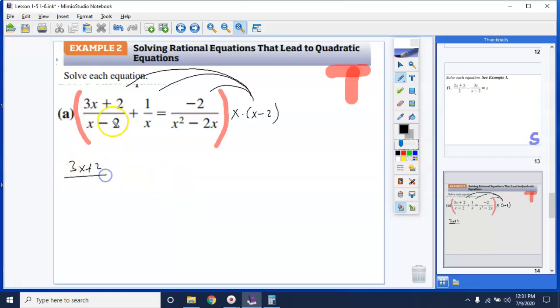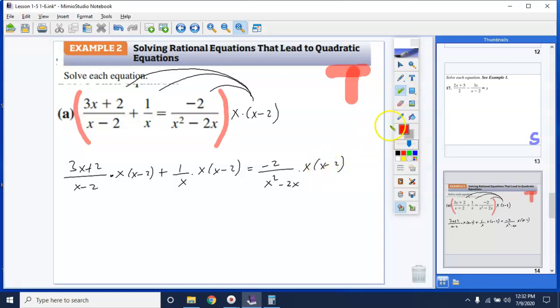3x plus 2 over x minus 2 times x minus 2 plus 1 over x minus 2 equals negative 2 over x squared minus 2x times x minus 2.